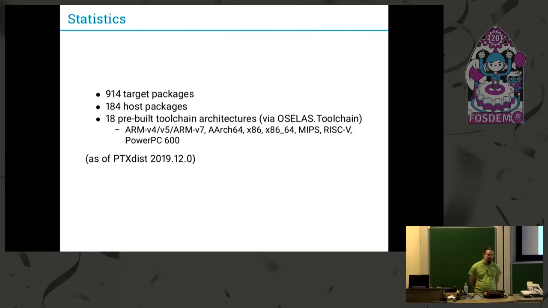Architectures like mostly ARM, ARMv4 and v7 are very big, and of course the 64-bit version of ARM. There are also some people using it on x86, but this is not the main focus. And of course RISC-V, and then some older PowerPC architectures.